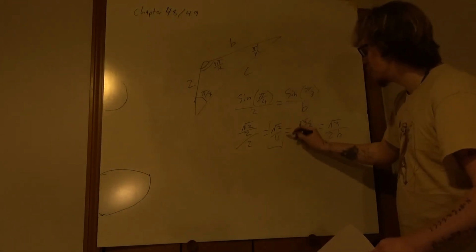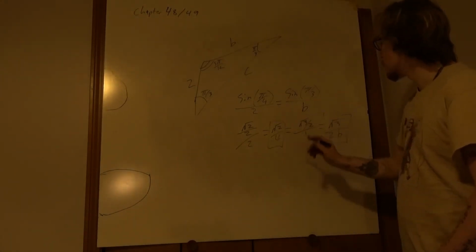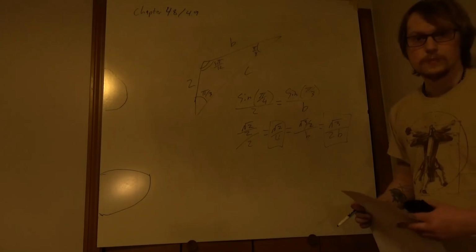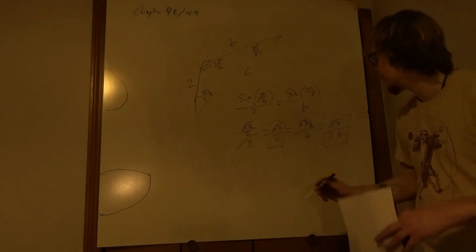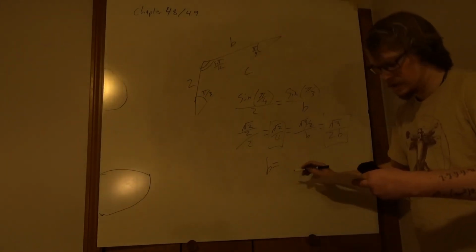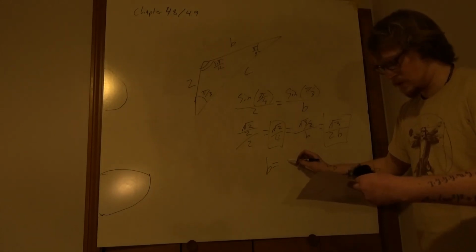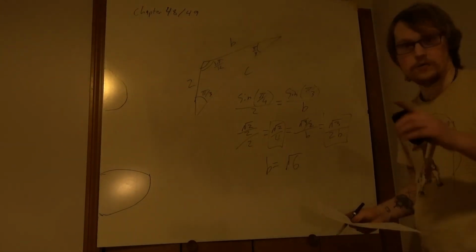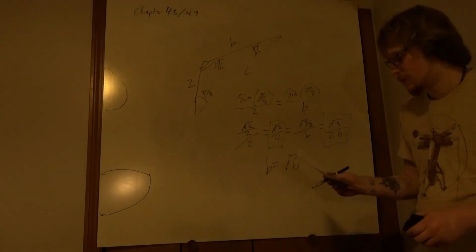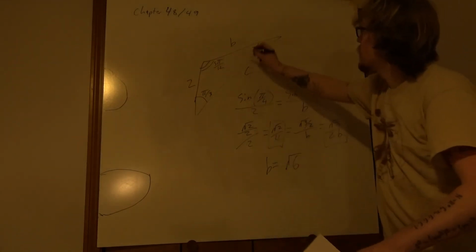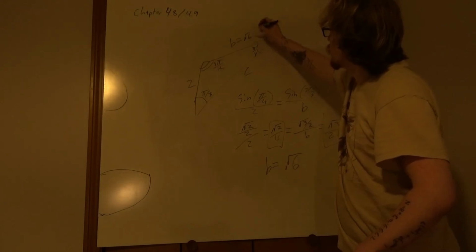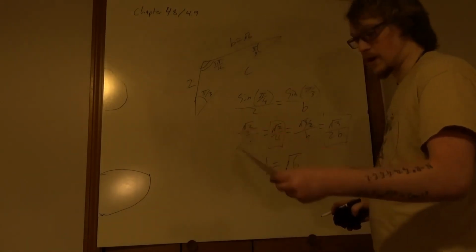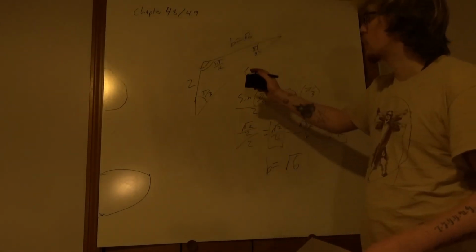So we have this is equal to this, and so we can just solve for b. We get that b is equal to root 6. If you want to follow the algebra of that, there's more of it in the notes.